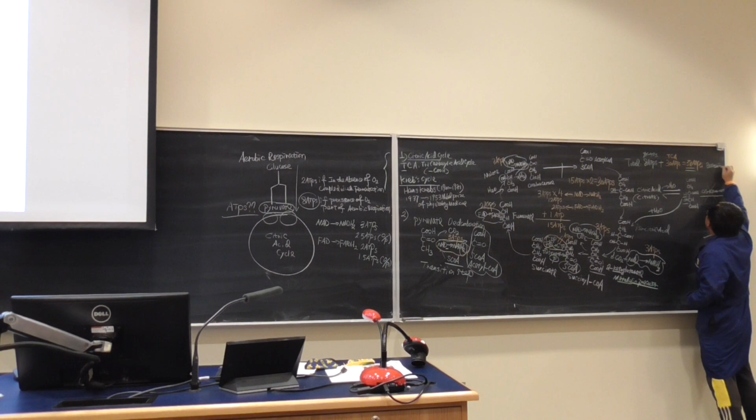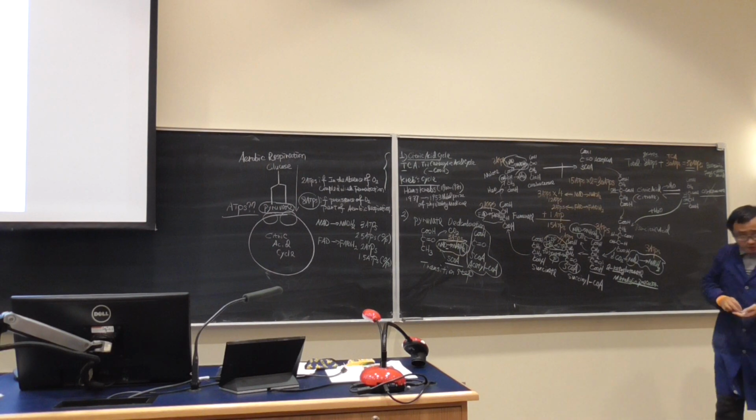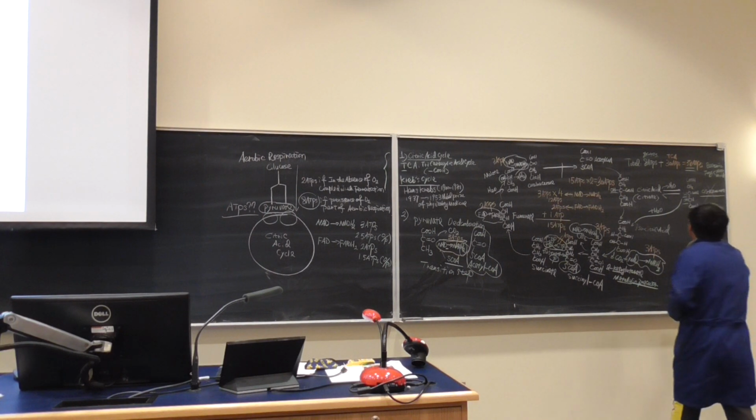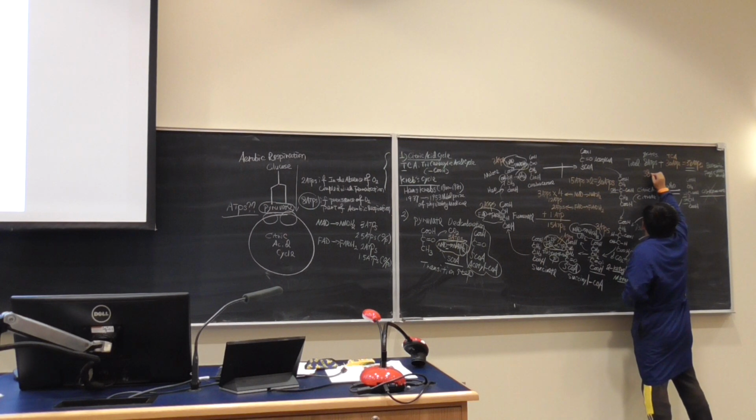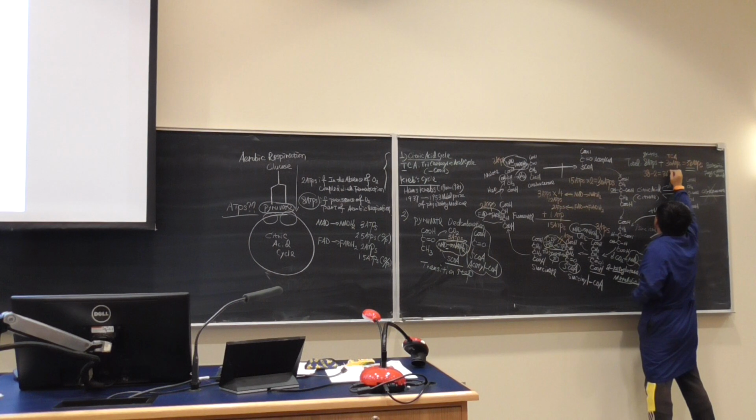So for fungi and yeast, which means yeast and the molds, what is going to be the total ATP? It's very similar to your class, the same number. It's 38 minus 2 equals 36 ATPs.